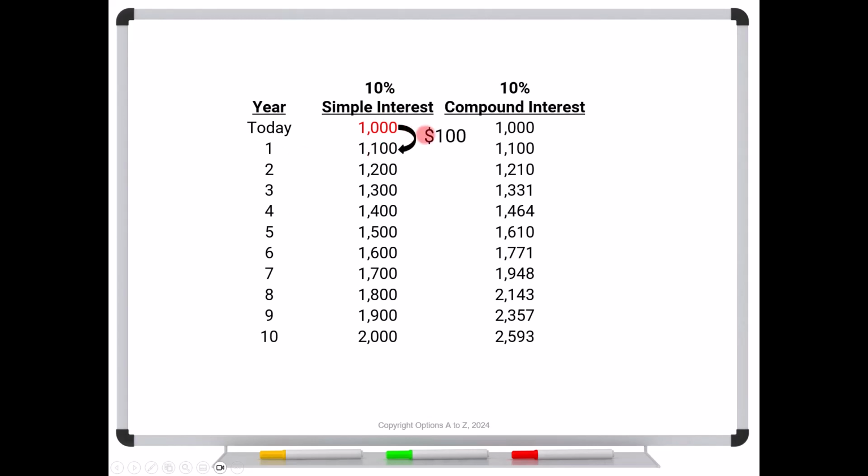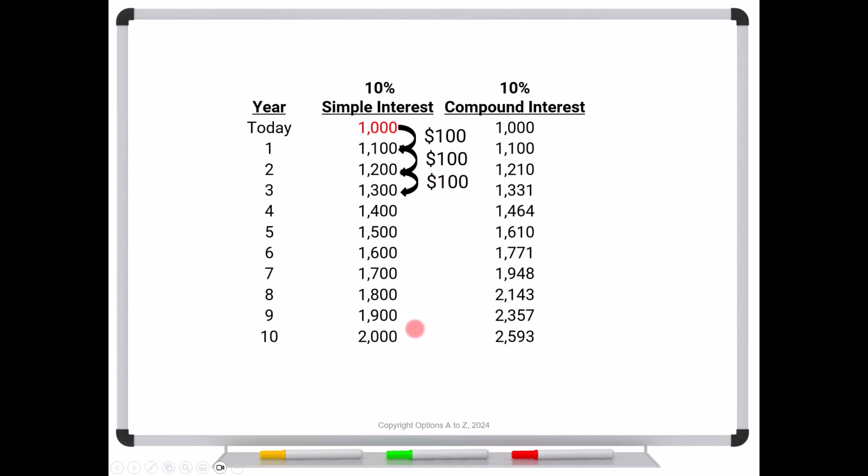But now here's the catch under simple interest. The bank only pays the interest on the initial deposit. So if you leave it in there for a second year, the bank only pays 100 bucks for a total of 1,200. It's not paying you interest on interest. It's not paying you 10% on that $100 worth of interest. And then finally, let's say after the third year, it's only going to pay 100 bucks.